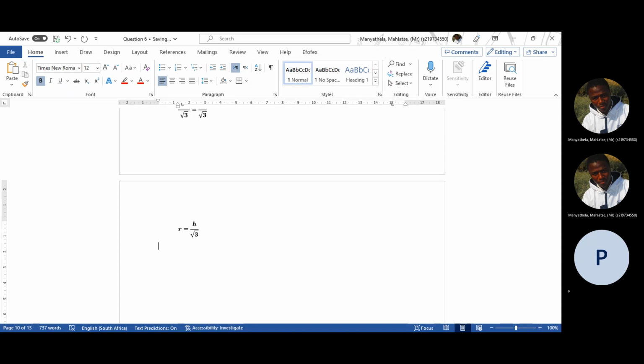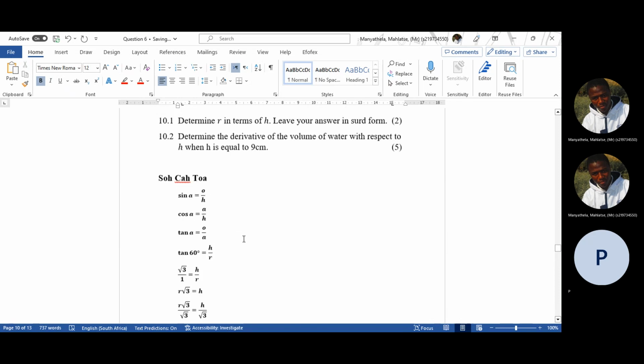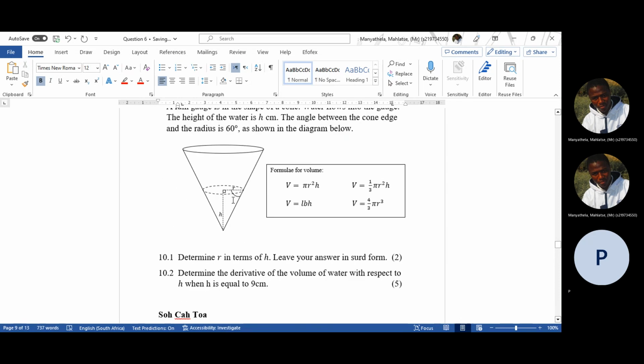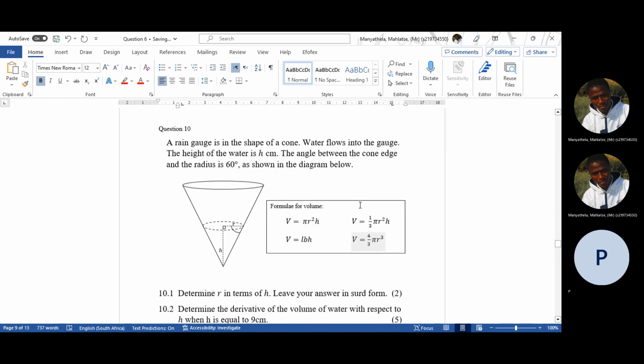So the other question says determine the derivative of the volume of water with respect to h when h is equal to 9 centimeters. If h is 9 centimeters, determine the derivative of the volume. So this is the formula we're going to use. The volume of a cone is equal to 1 over 3 pi r squared times h.